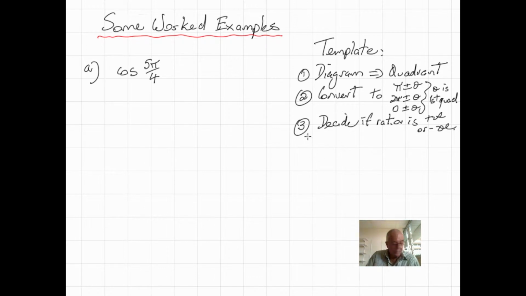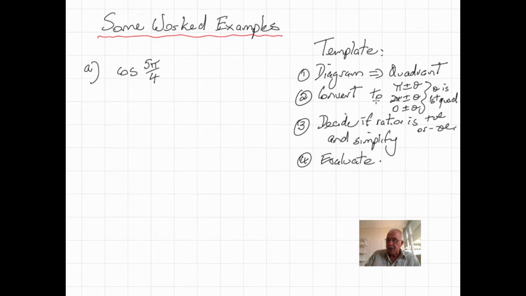And we can also simplify. And the fourth step is to evaluate. So there are the 4 steps in the template to be able to work out a question like this.